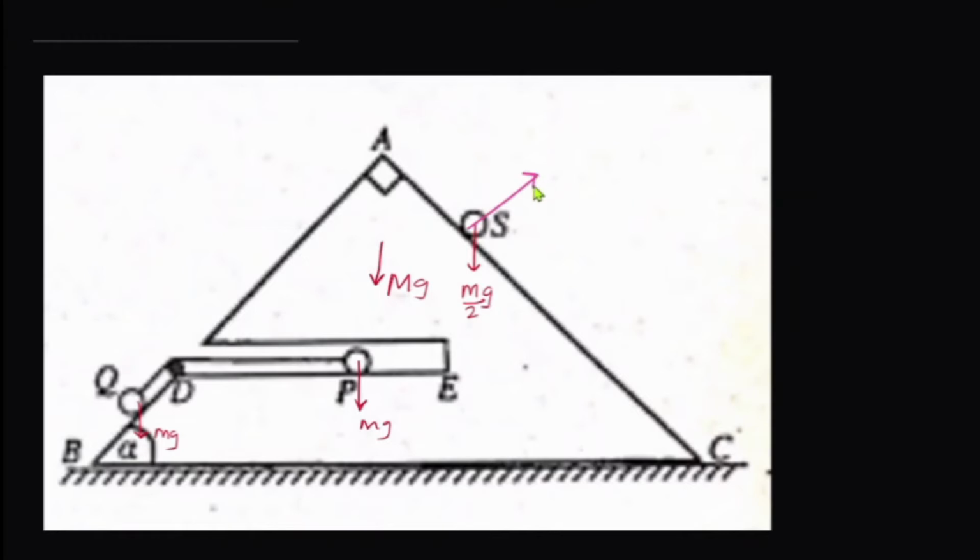This is, let's assume, RS, and this is RS as well. Let us assume this is RP, and this is also RP, always perpendicular to the surface.